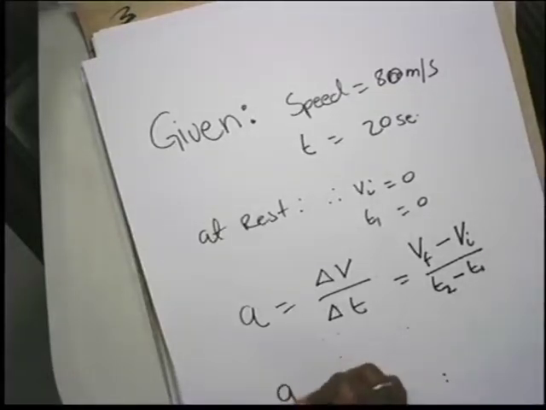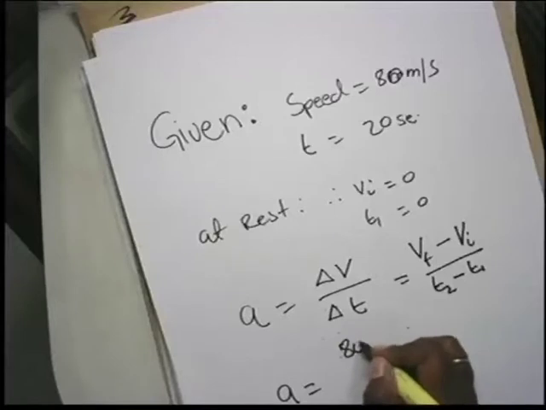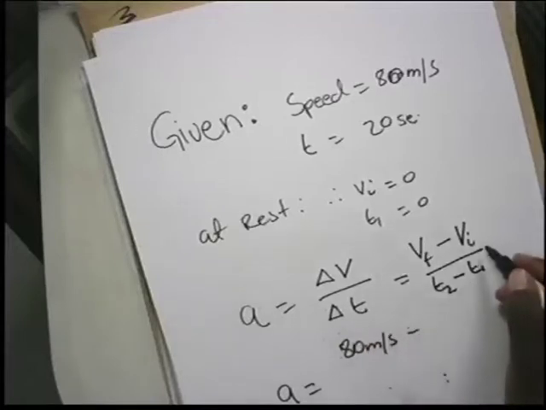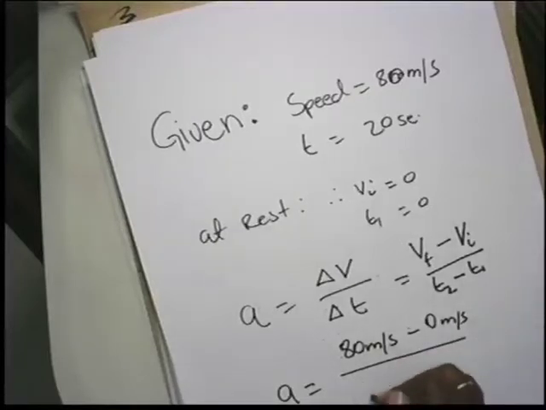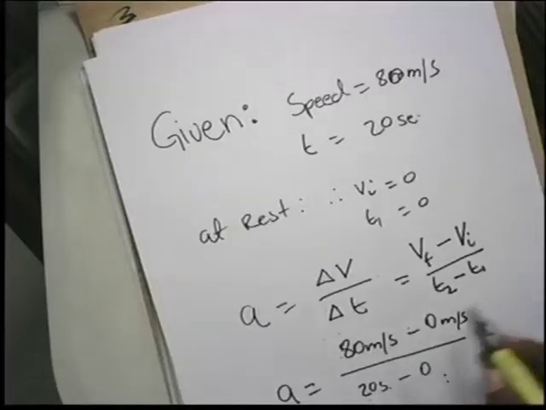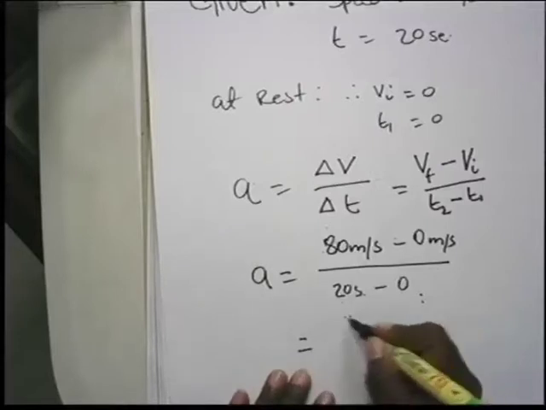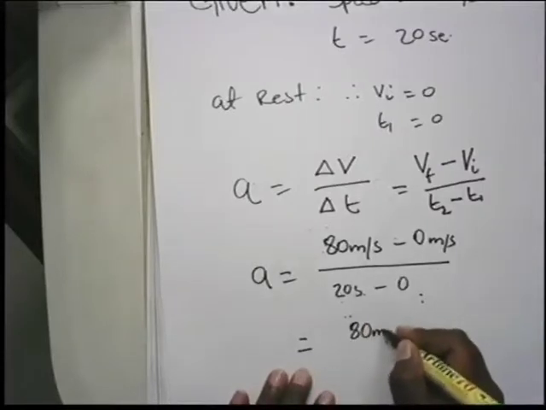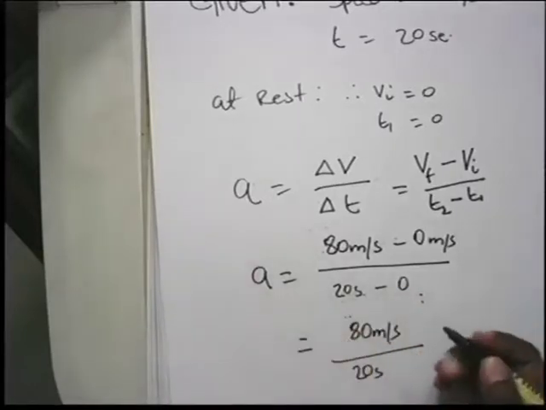Now for our acceleration, the final speed was 80 meters per second minus the initial 0 meters per second, and the time at the end was 20 seconds minus T1, which is 0 seconds. Whenever you subtract 0 from something, like 80 minus 0, it's just 80 meters per second. Then we divide that by 20 seconds, because 20 minus 0 is just 20.